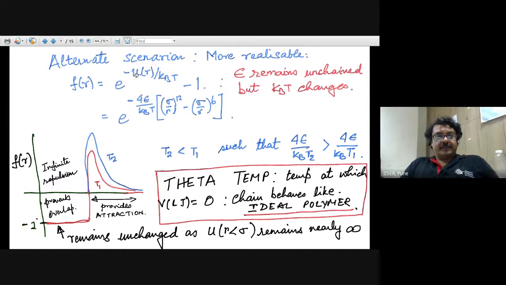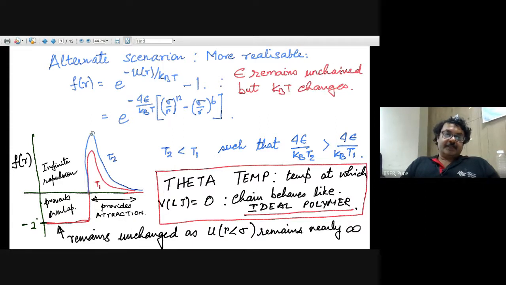Here I'm writing down the explicit form of U(r), which is the Lennard-Jones potential, right? 4 epsilon by kBT and so on. Suppose you have the same polymer chain, so epsilon remains fixed, but you are changing temperature, and T2 is smaller than T1, so that 4 epsilon by kB T2 is greater than 4 epsilon by kB T1.